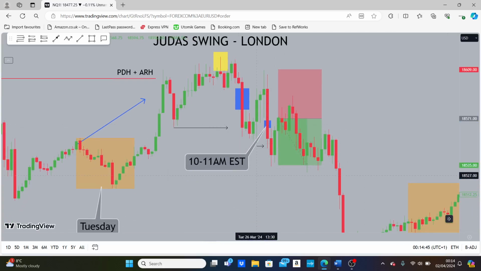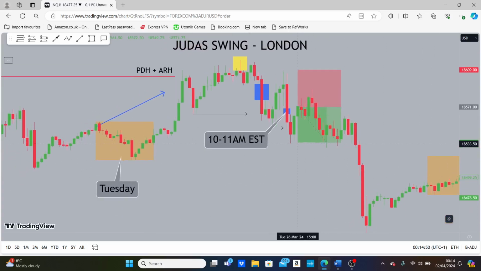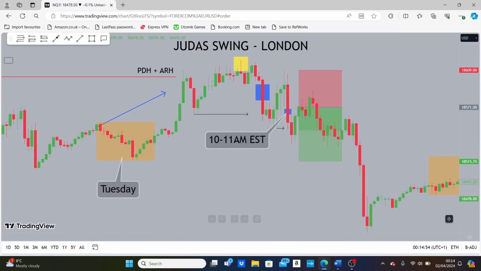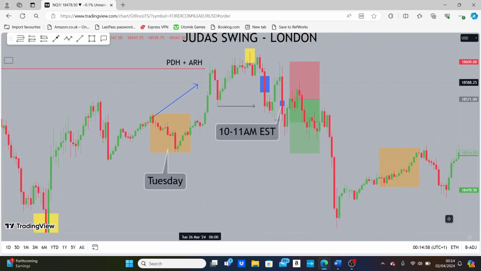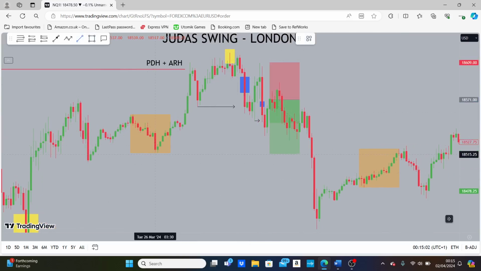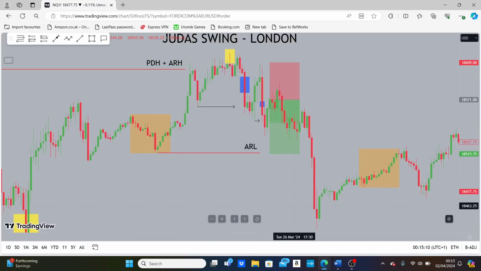So where do you now want to enter? Where do you now want to exit? Well, you want to take something off the table just at the Asian range low over here, right? So this Asian range low is essentially that first pool of liquidity you want to take off, right? So this is the Asian range low, or simply the ARL, which gives you an area to take something off, right?